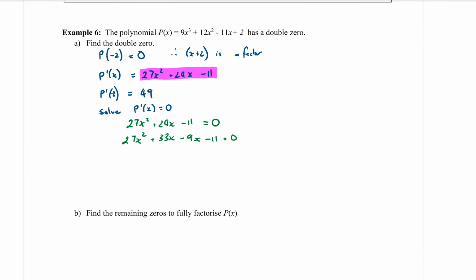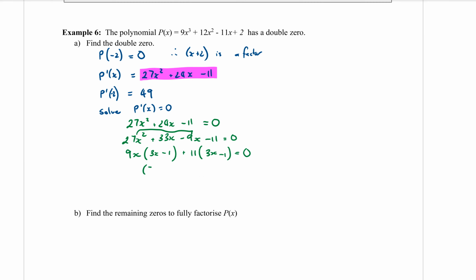Then we need to factorize that in pairs. Actually, I'm not going to do the first two, I'm going to do the first one and the third one. I can bring out a 9, because I can't bring 9 out of 33. 3x take away 1. Then doing the second and the fourth one together, I can bring out an 11, which gives me 3x take away 1.